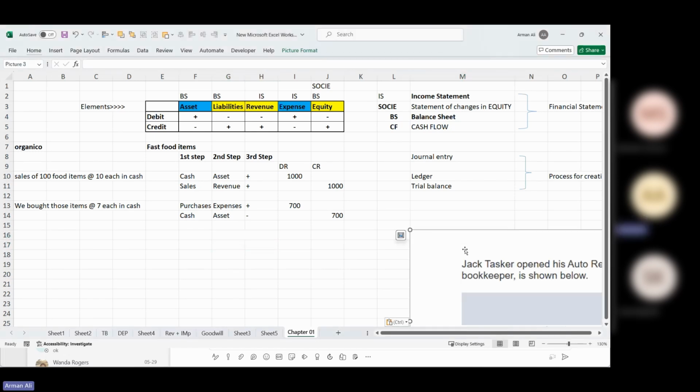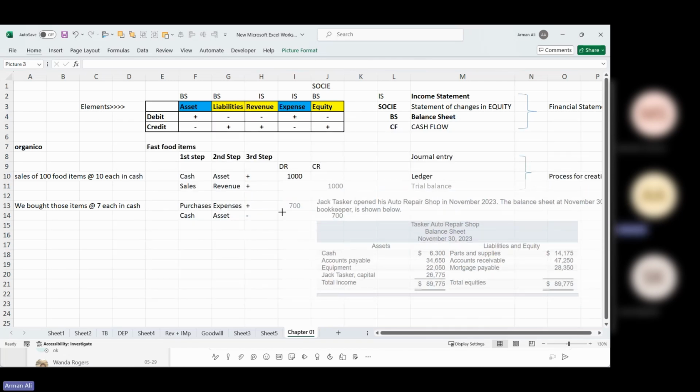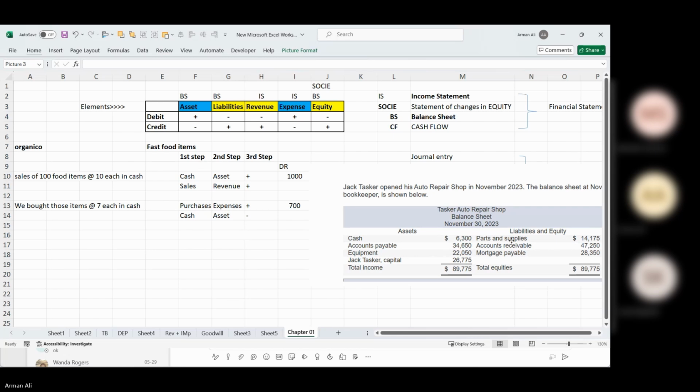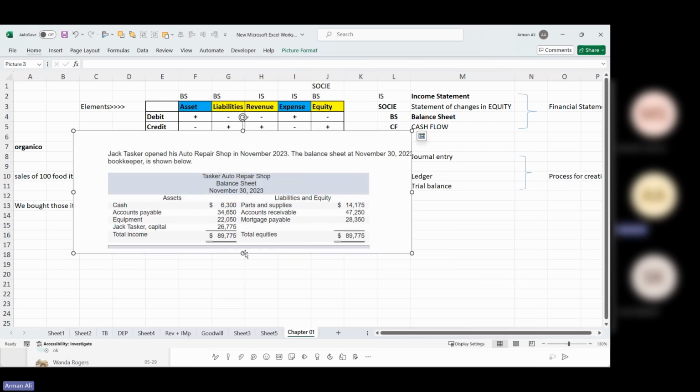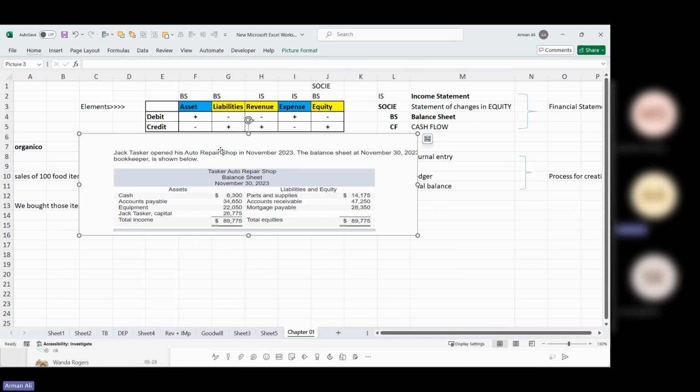Let's see if I can bring it here. Too big. But I can manage. I only need to see this chart. And now I'm going to solve this for you.